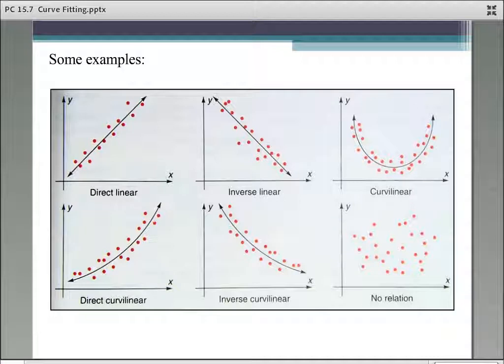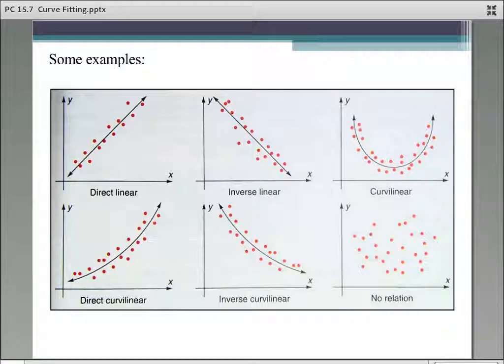So here's some examples of some scatter plots and how they're related. The top one has a direct linear relationship. In fact, all of those points are just really writing a straight line like that. The second one is an inverse linear. It still looks pretty close to a straight line there, but as the x values increase, the y values are decreasing.